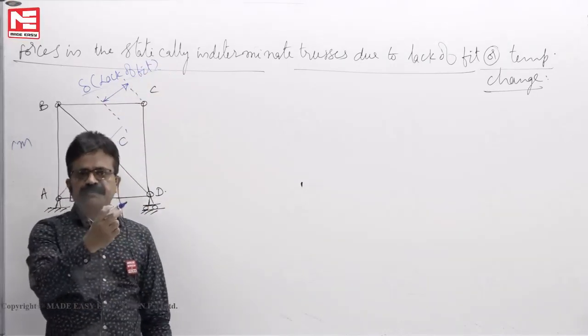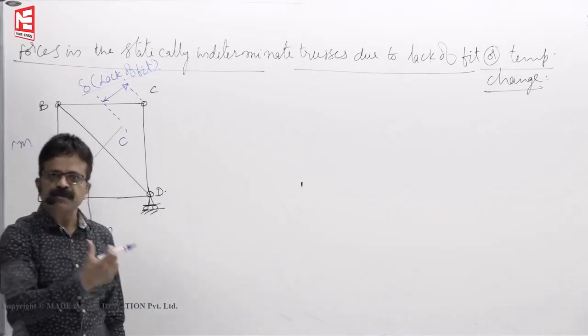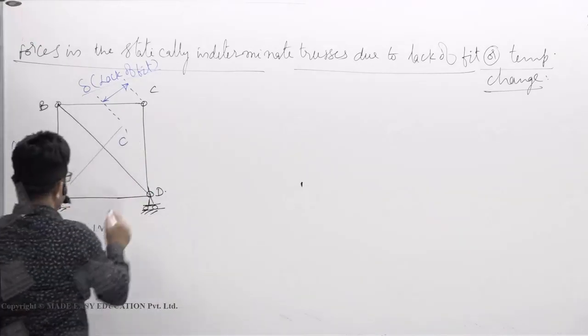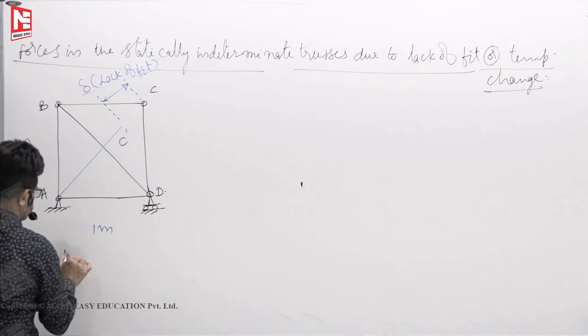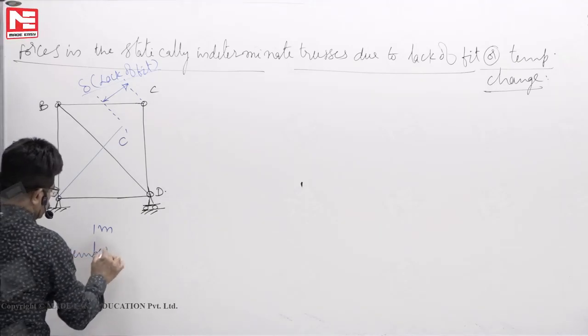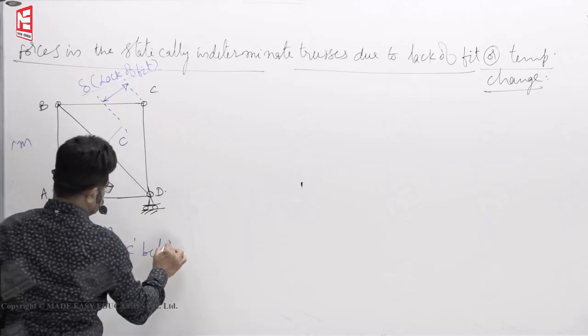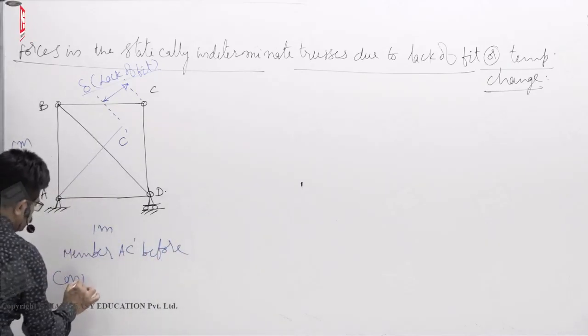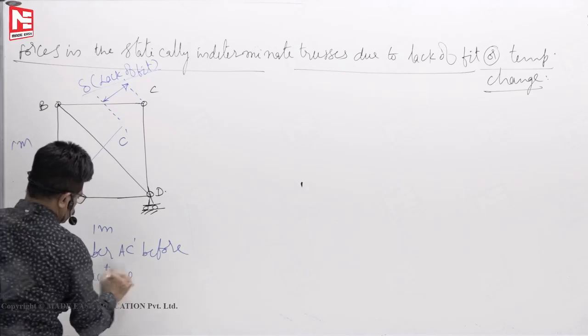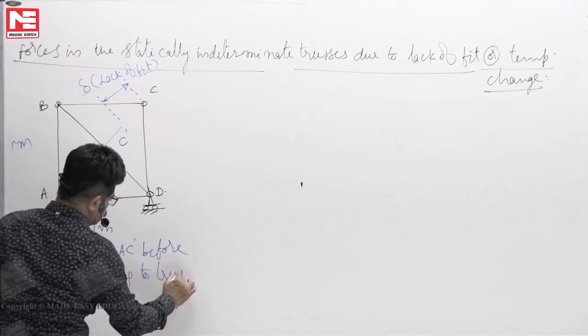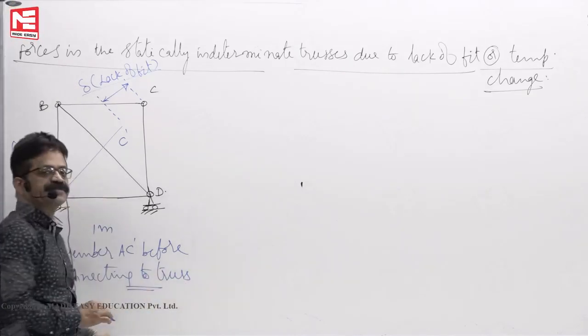That means the member is too short by an amount of delta. This is member AC dash before connecting to truss. This is the situation.